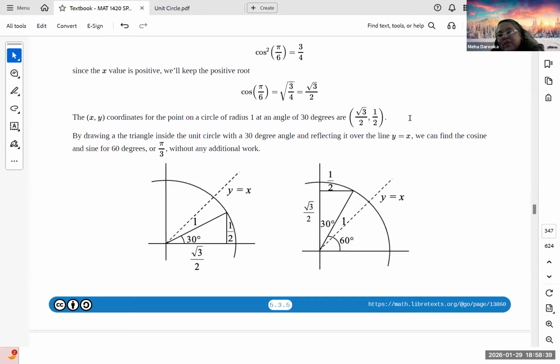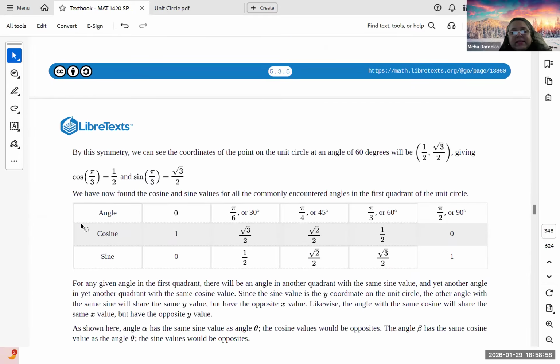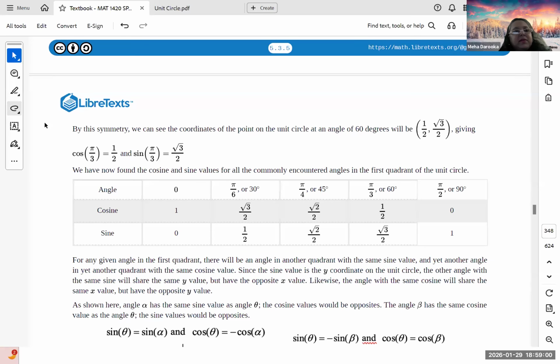Multiplication is the inverse function for division. A square is an inverse function for a square root. So basically, what one function does, the inverse function will undo. And that's basically what's happening over here.